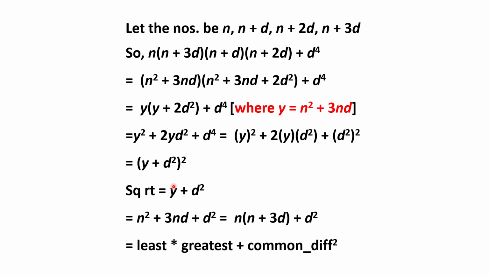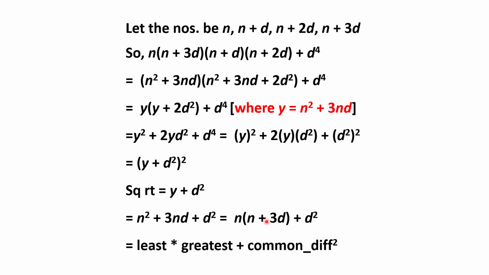Now y is actually n square plus 3nd. So put the value of y, n square plus 3nd. So y plus d square will be n square plus 3nd plus d square, which is n into n plus 3d plus d square. Take n as common factor from the first two terms.